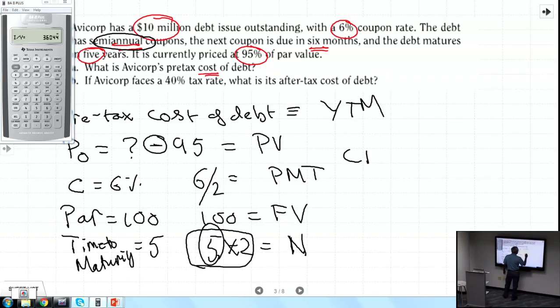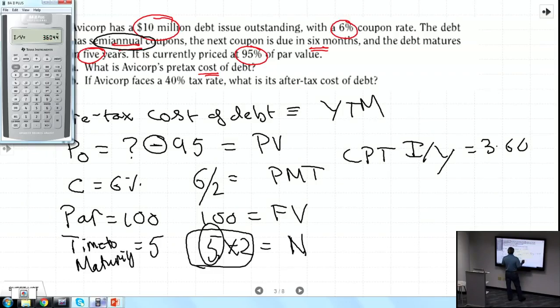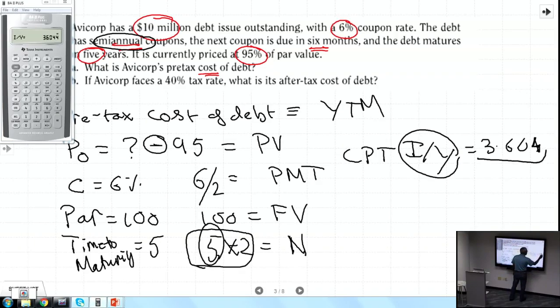So when I compute IY, I get 3.604. So that IY reflects the 6-month yield.